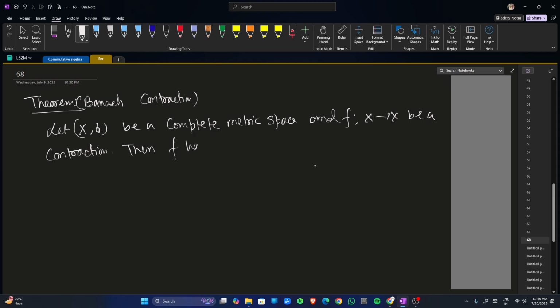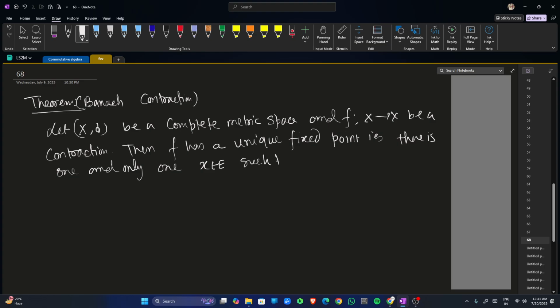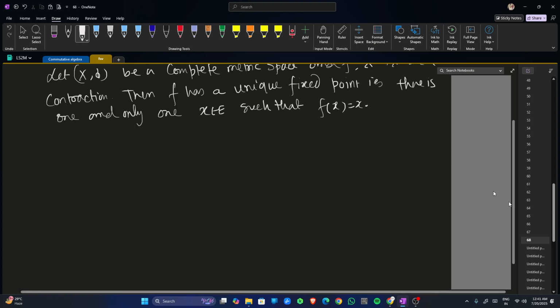Then f has a unique fixed point. That is, there is one and only one x in X such that f(x) equals x.